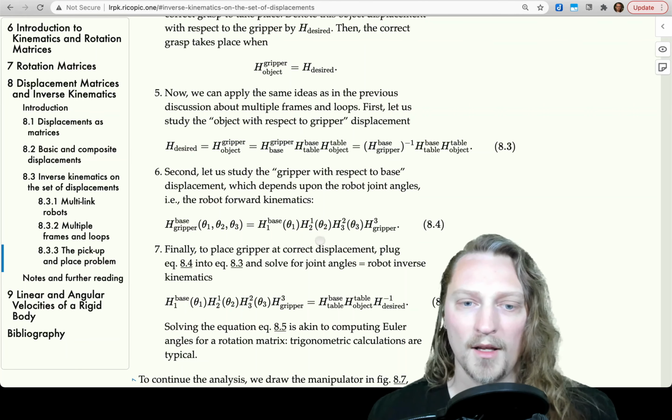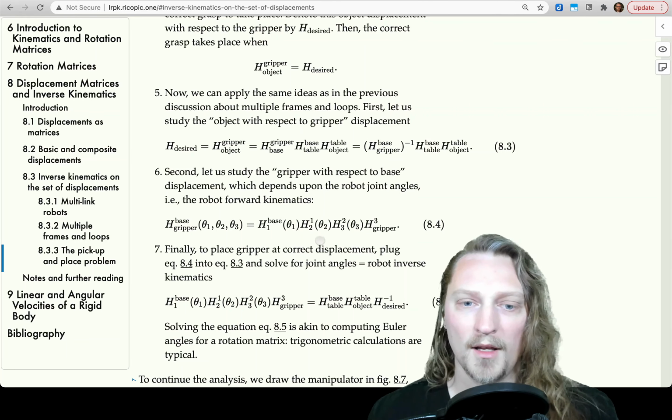We get r gripper base, the rotation matrix between the gripper and the base, and O gripper base, the displacement of the origin from the gripper to the base. Okay, and you can actually work out what these are in terms of these basic rotation matrices from before, and here they are, worked out for you.